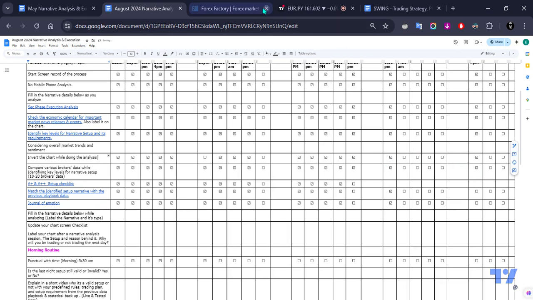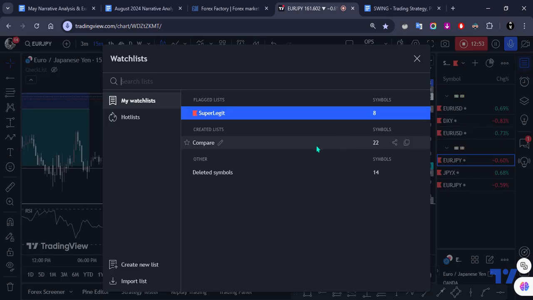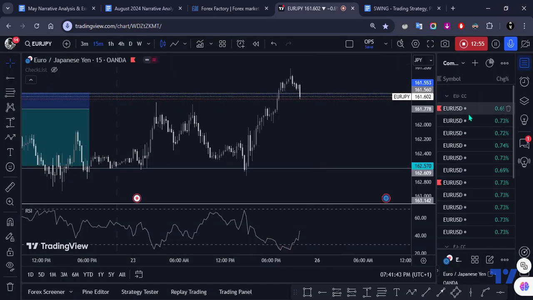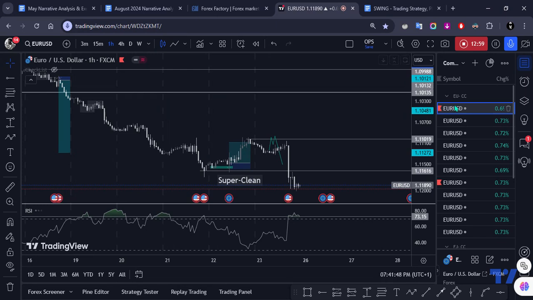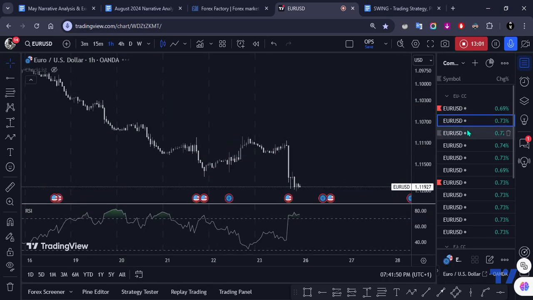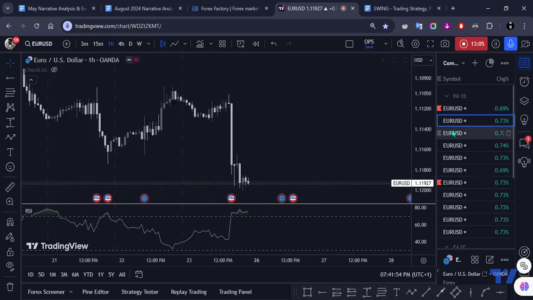So what else again? Yeah, compare several brokers. The comparison is a very important part of my analysis. Going down to 1 hour, you have to confirm there is no bounce.